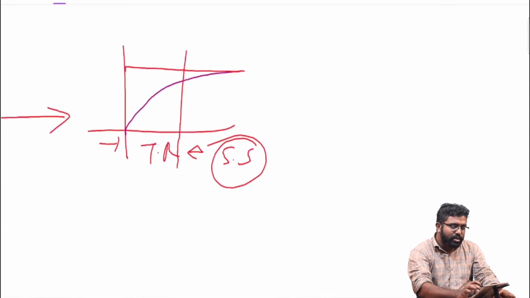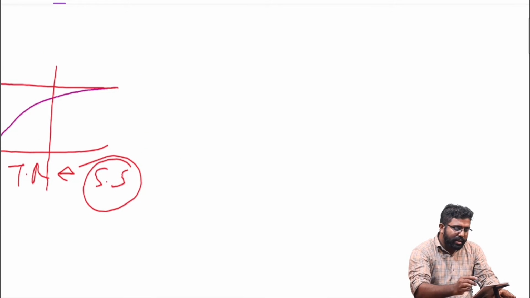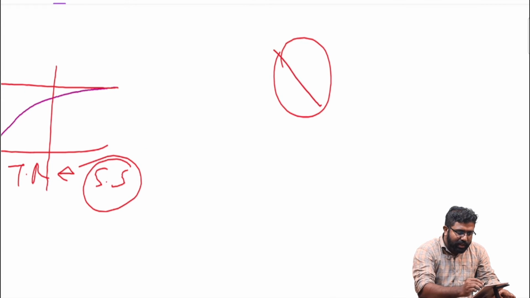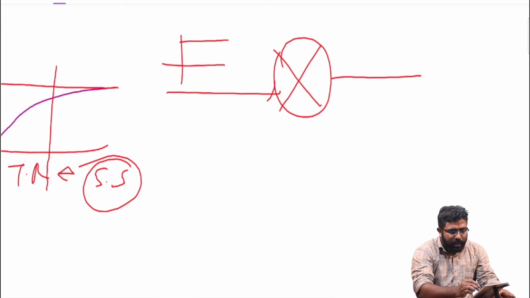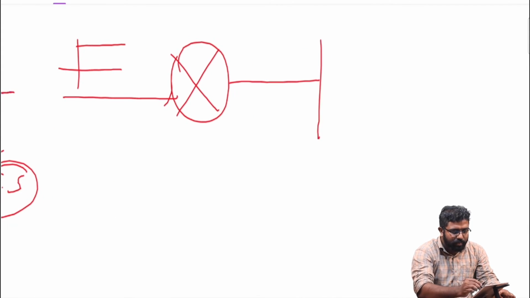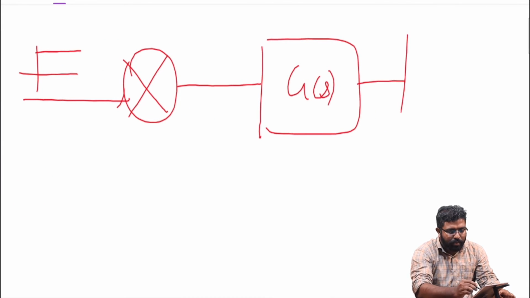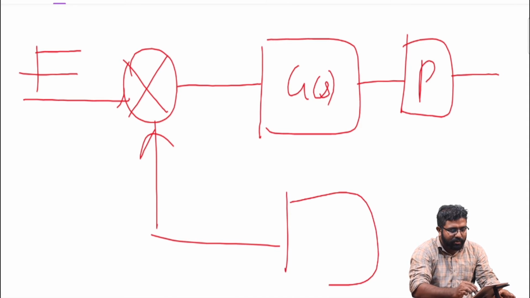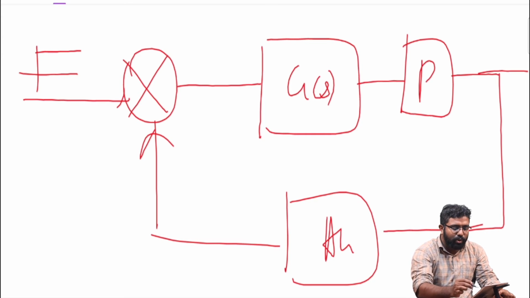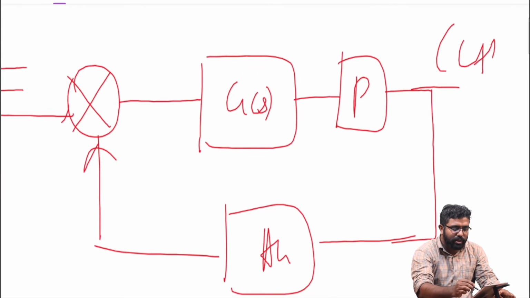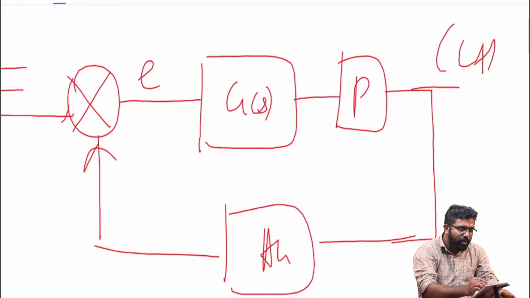Actually, you are giving the input, which is a reference step input, and the control system is working. This is my controller and it is working on a process. I am feeding that back with unity feedback. Initially the output is 0, and with unity feedback you get maximum error.